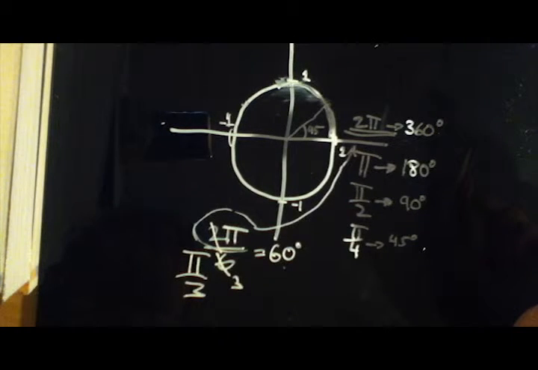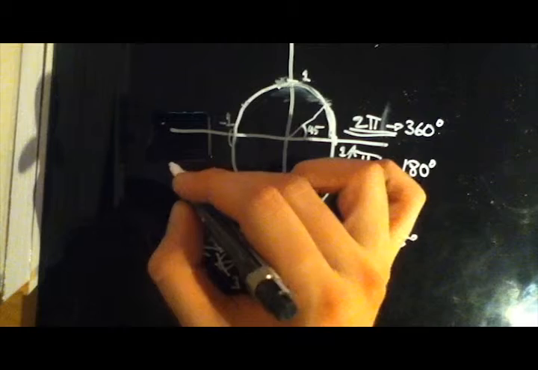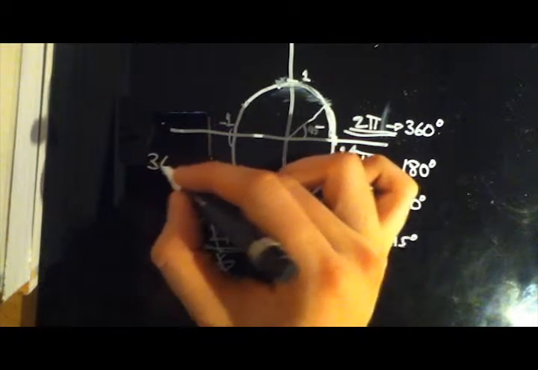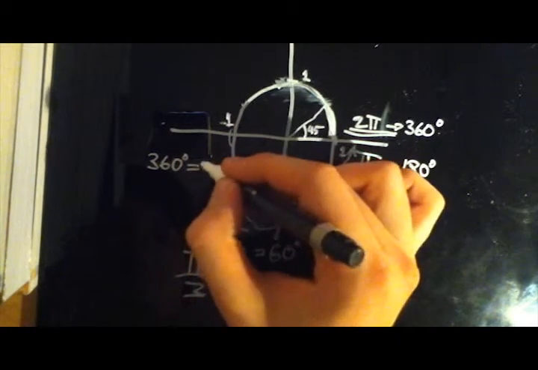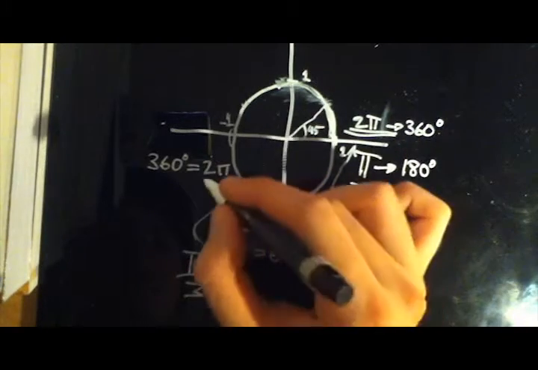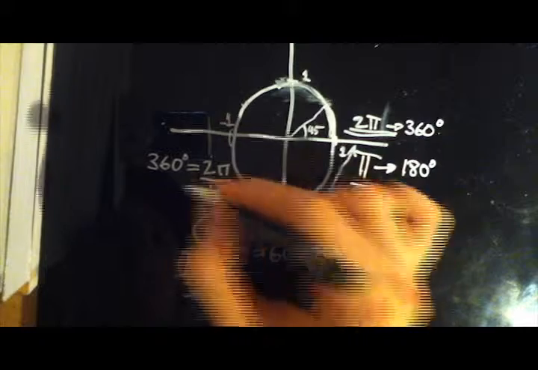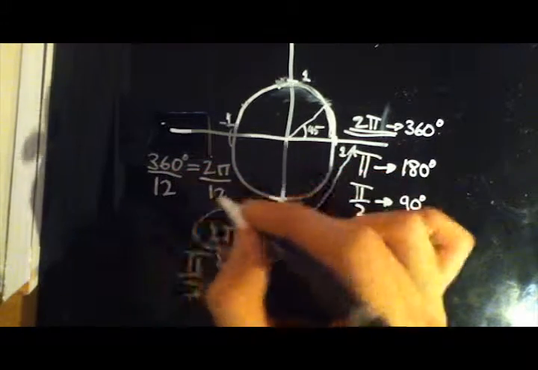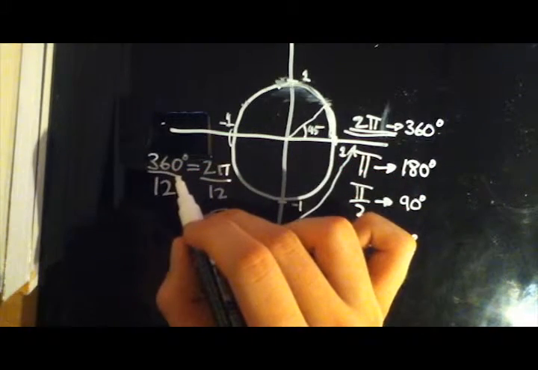Well, let's divide this whole thing by 12. Alright? So 360 divided by 12. Remember, 360 is equal to 2 pi. We divide both sides by 12. What do we get here?